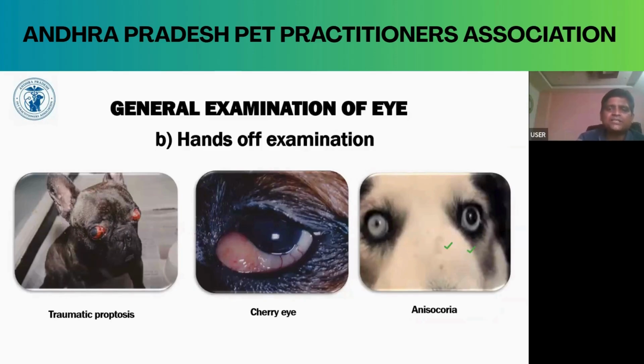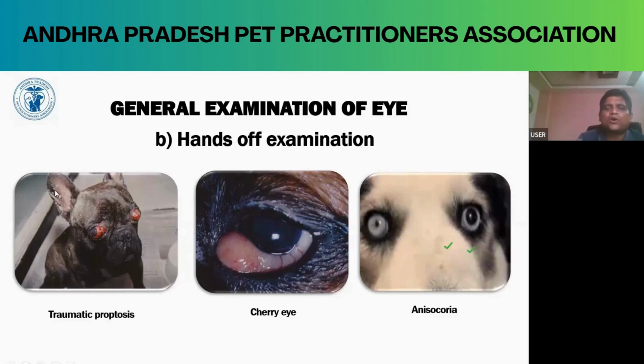So here the history will play a good role. In the first case it is a traumatic proptosis. As it is bilateral, it is mostly because of traumatic origin. Sometimes it may be a space-occupying lesion in the retrobulbar area.